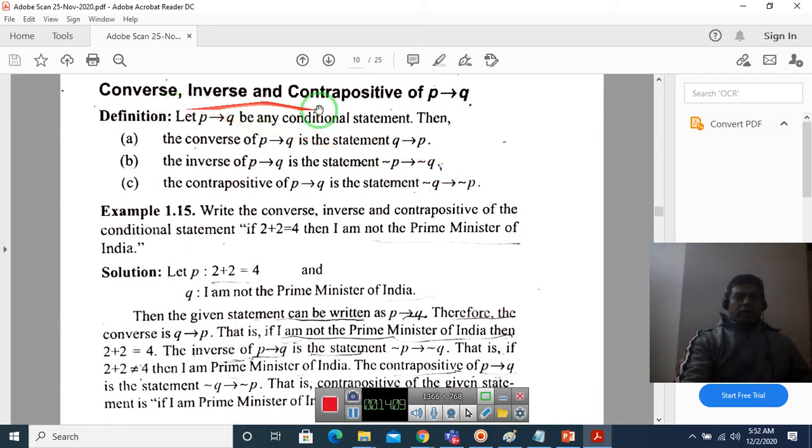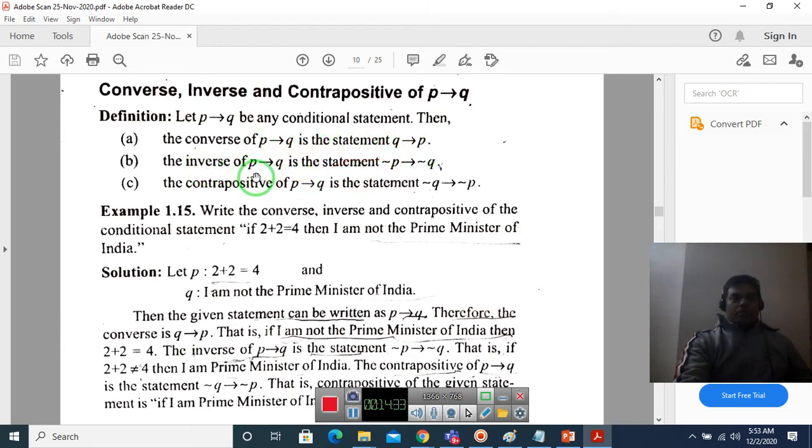There are three variants of the logical connective implication. Let p conditional q be any conditional statement. The converse of p conditional q is found by changing the position of the variables, so p conditional q becomes q conditional p.